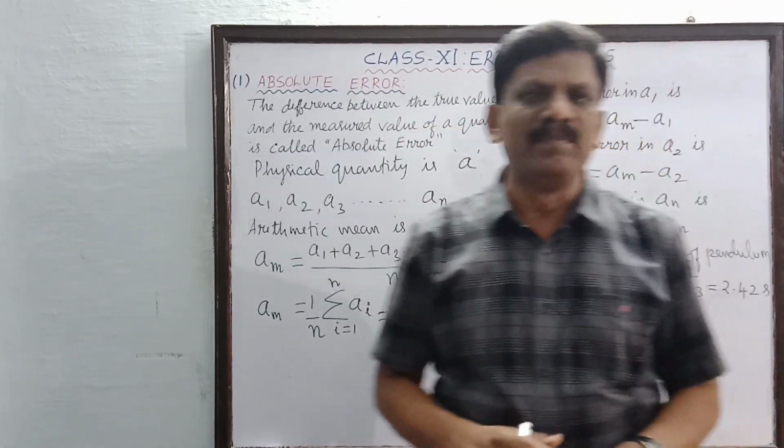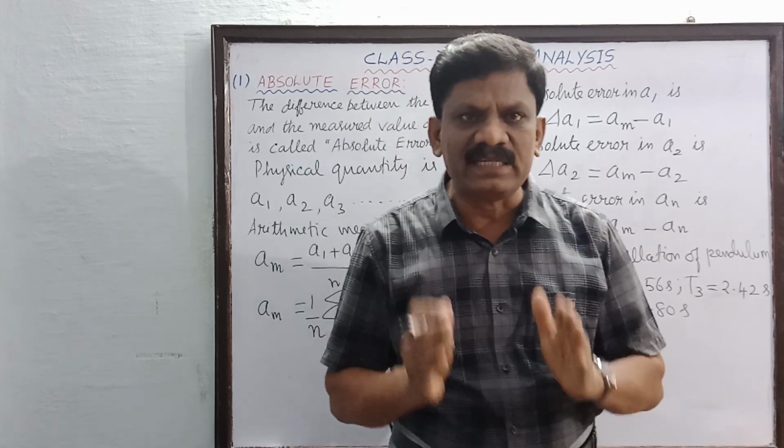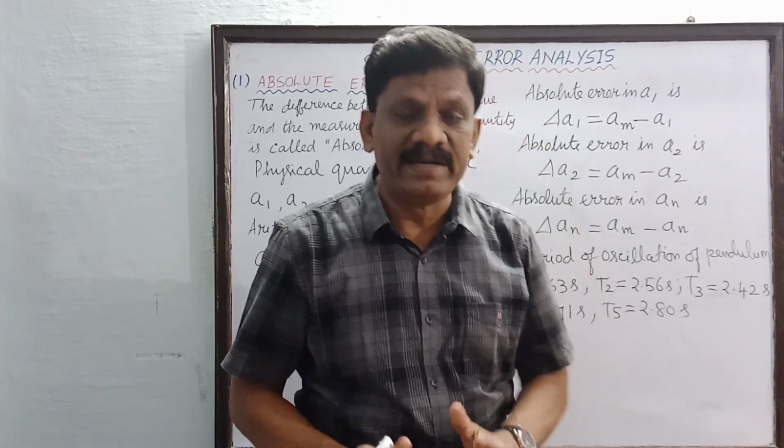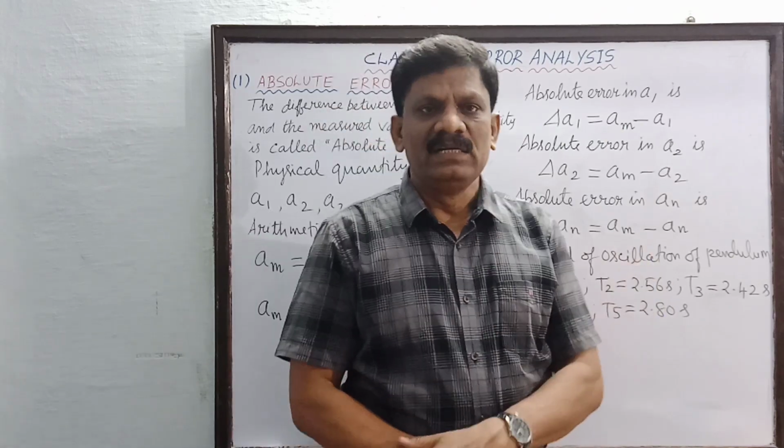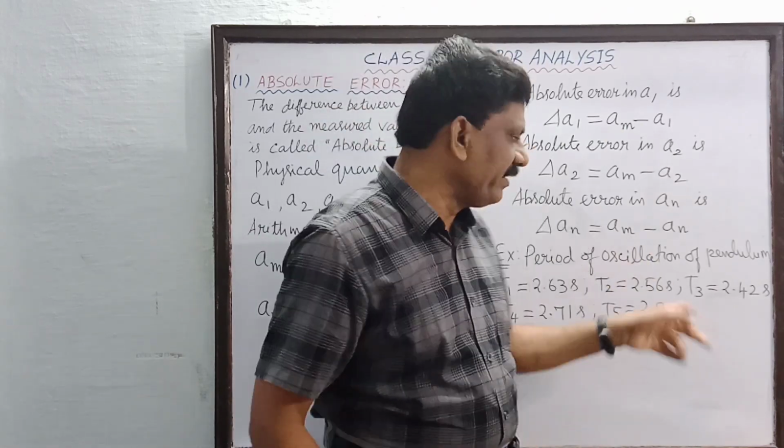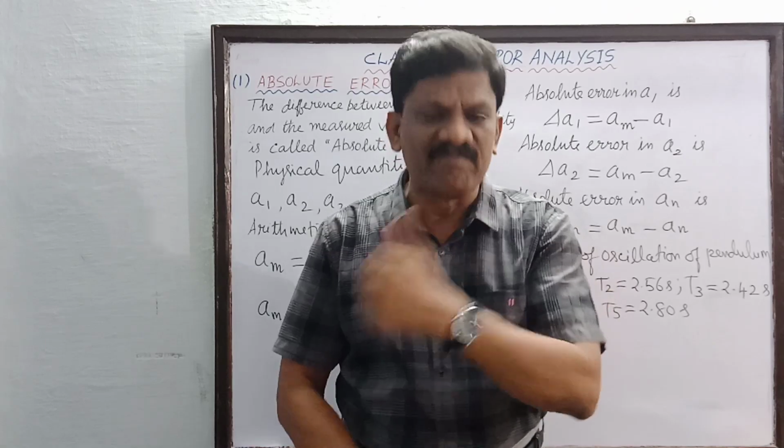Students, you tell me how many observations I have made for the period of oscillation. Here, what is the value of n? n is equal to 5, is it not? Because 5 observations I have taken.